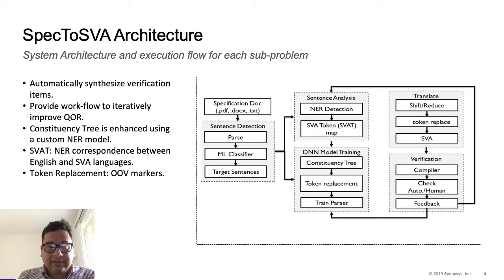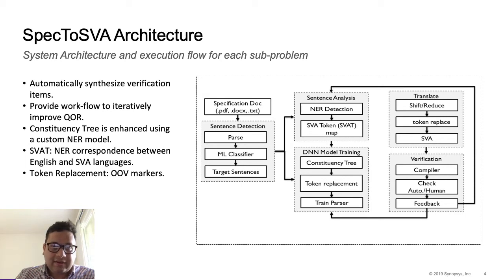Third bucket is the DNN Model Training, where we take the English sentences, create the constituency tree, perform NER token replacement, and train a probabilistic shift-reduce parser, that's the spin model. In the translate part, we use the same shift-reduce model to take the English sentence and perform the translation to SVA.